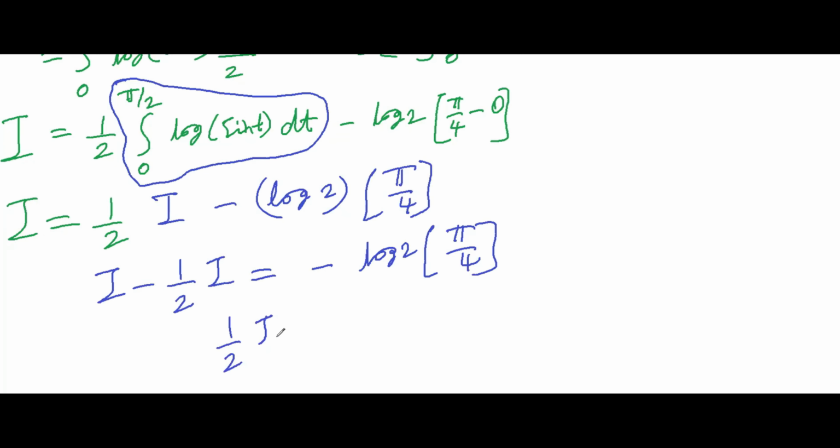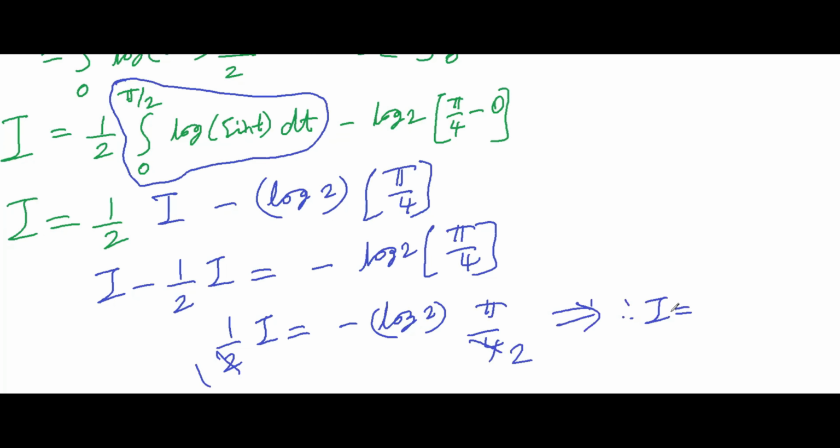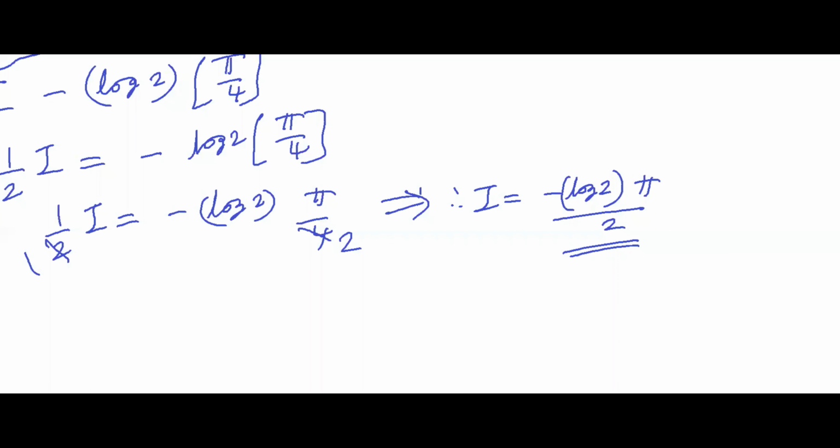It is 1 by 2 I. So 1 by 2 I is equal to minus log of 2 pi by 4. This 2 one's are 2, 2 twos are 4. So therefore the value of I will be what? The value of I will be minus log 2, which is a constant, and this pi by 2 is again a constant. Okay, fine.